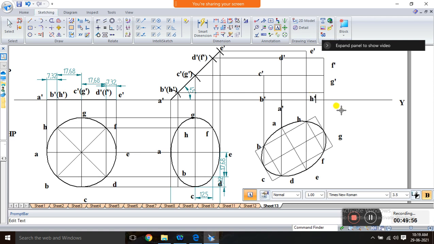So use the same curve. First A to B, B to C, C to D, E, F, G, H, join.